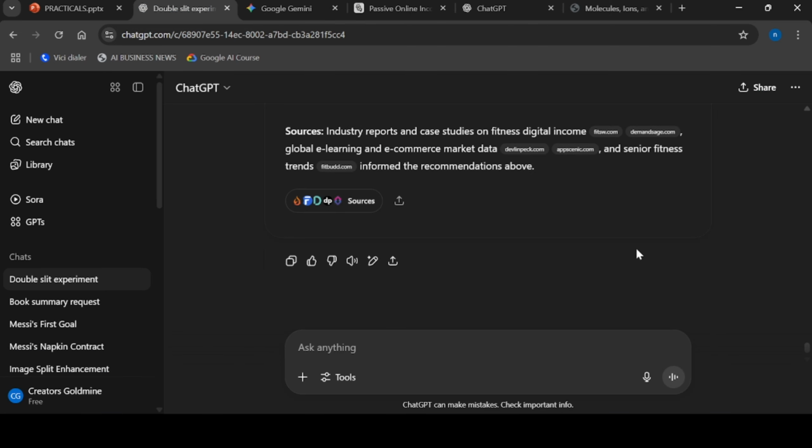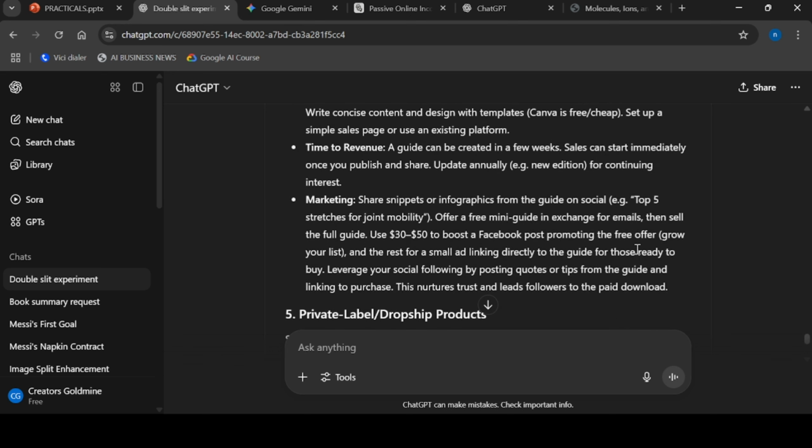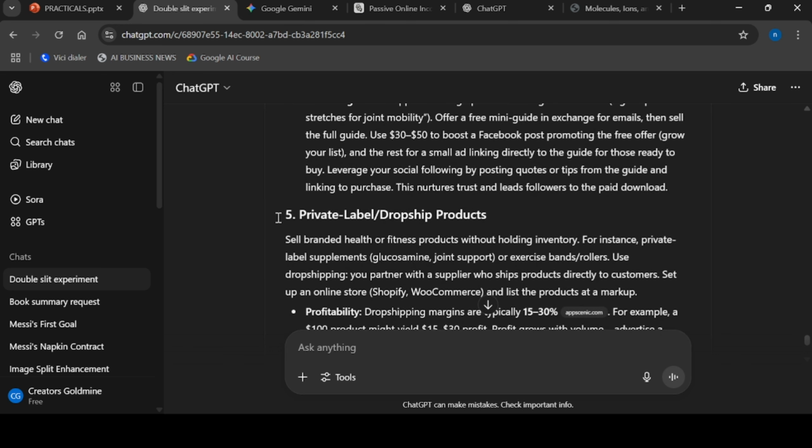So we can still tell these tools to refine this idea, or now I can say, okay, I am interested in this idea.